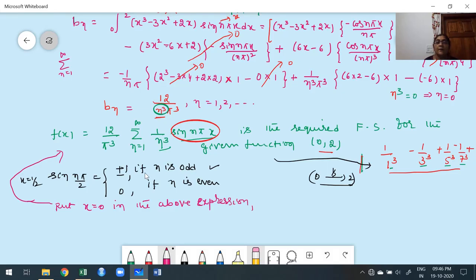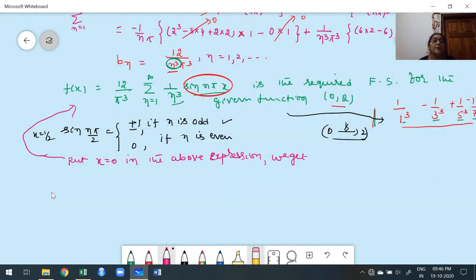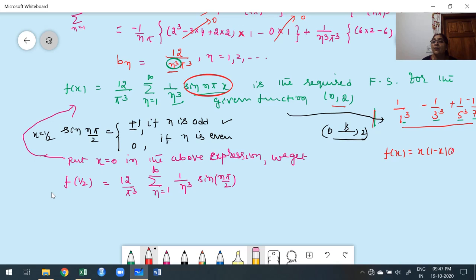We get, putting it simultaneously in the function also, f of half equals 12 by pi cube, the sum for n ranging from 1 to infinity of 1 by n cube sine of n pi by 2. Simultaneously, I find the value of f of x. What is my f of x? It is given in the problem: f of x is x into 1 minus x into 2 minus x.